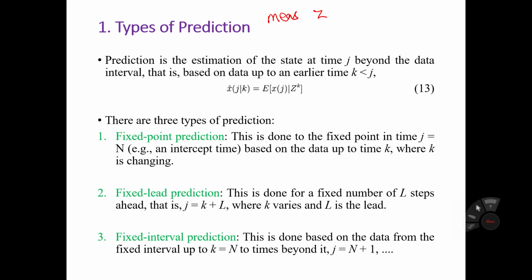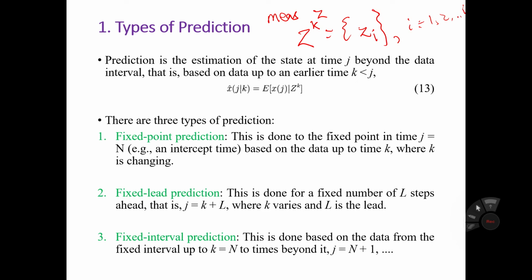As you know, z k is z of i, where i equals 1 up to k.